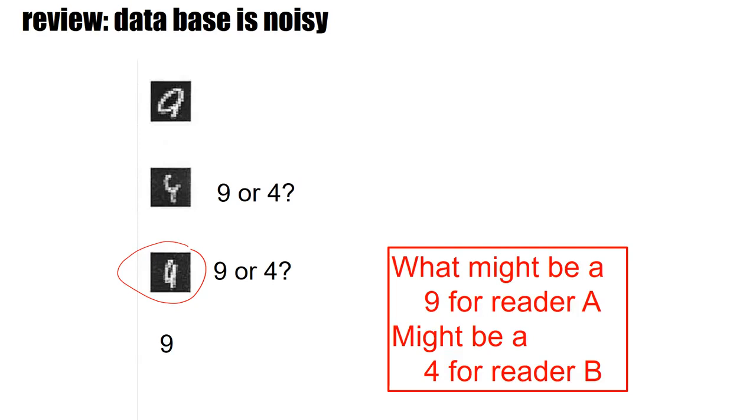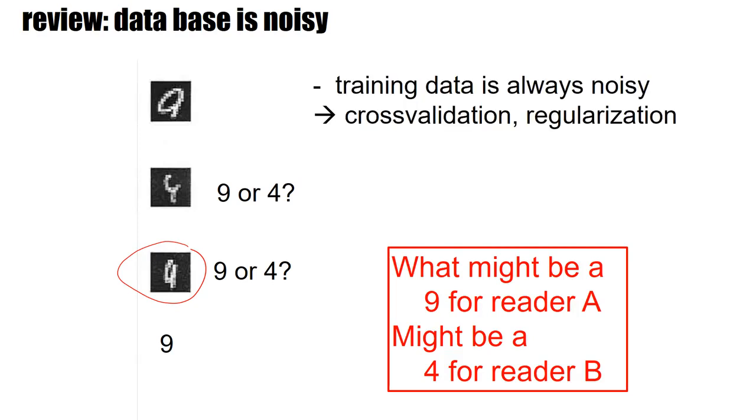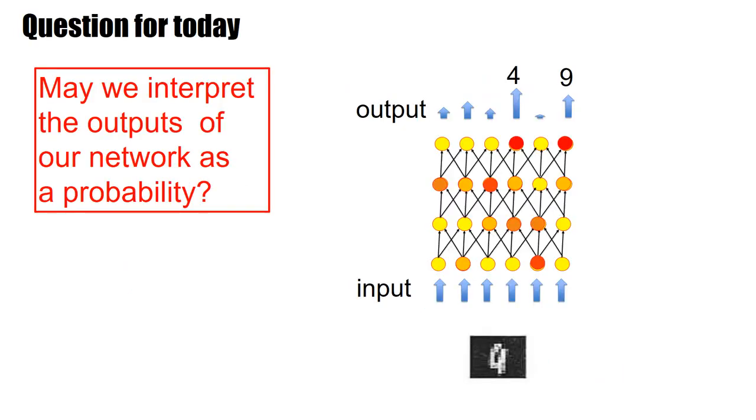And so input data is noisy, training data is noisy, the labels are noisy, and that's why we do cross-validation, that's why we use regularization methods. But if this is the situation, that for this input pattern, some people would say it's a 4, some people would say it's a 9, then maybe we want our neural network to also say maybe it's a 4, maybe it's a 9.